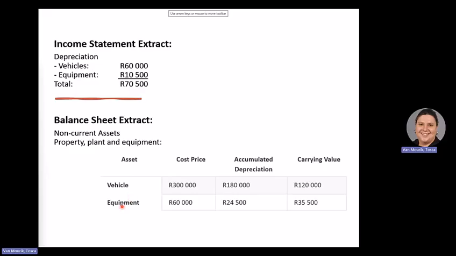For the equipment, cost price was 60,000. How did we get to the 24,500? Well, remember, it was the 14,000 depreciation in year 1, and then the 10,500 for year 2. So those two together give me my 24,500.